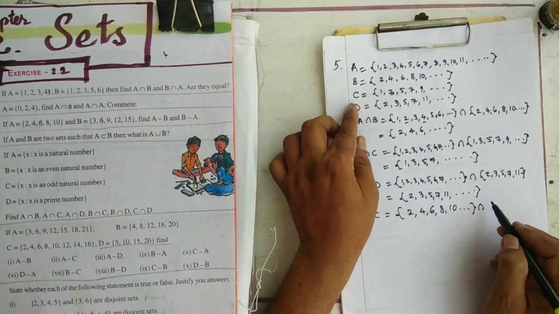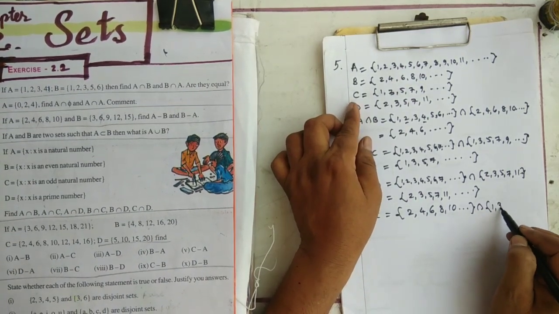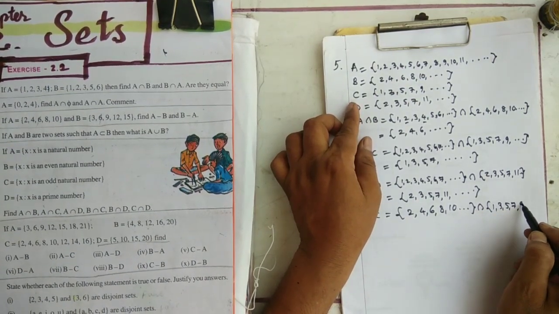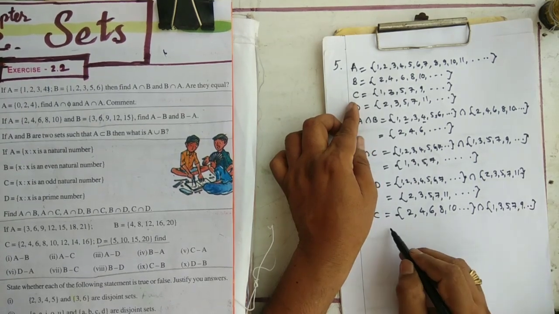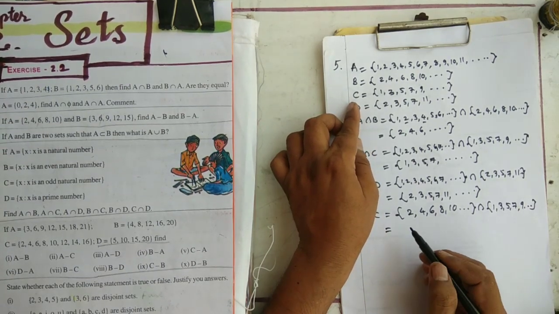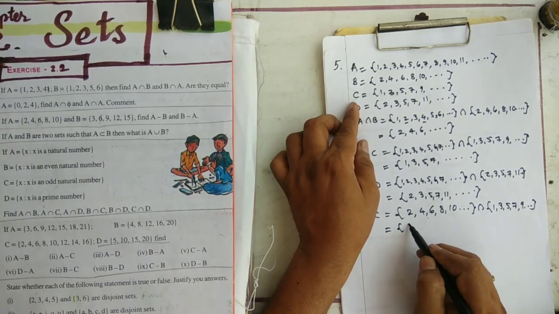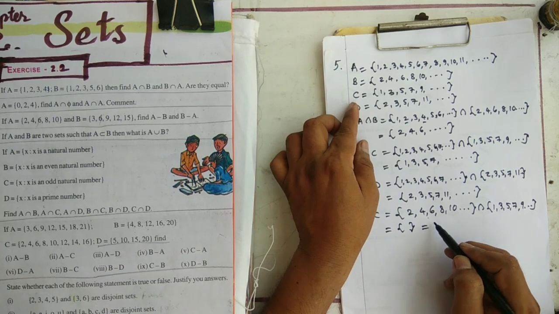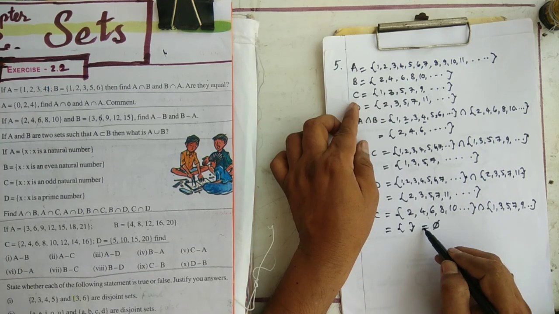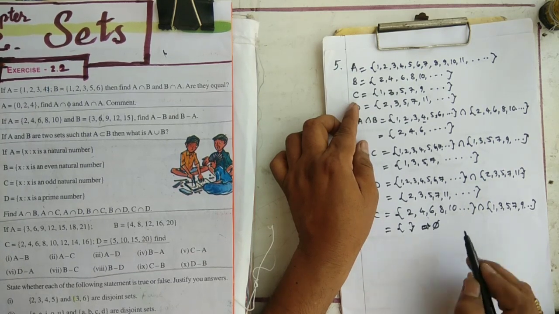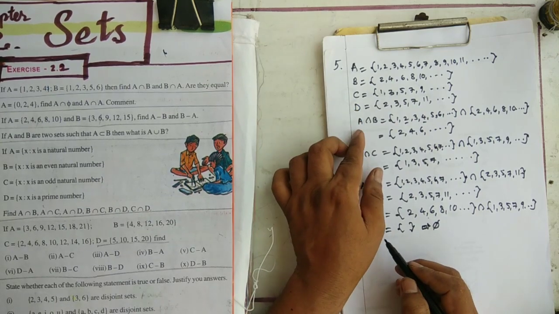C is the set of 1 3 5 7 9 and so on. What are the common elements for these even numbers and odd numbers? No common elements. Empty set or phi.